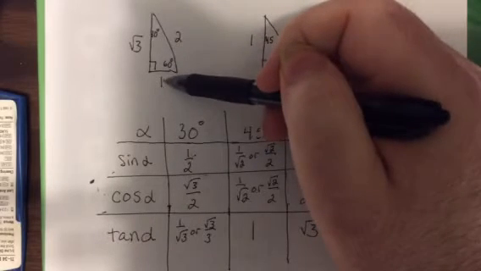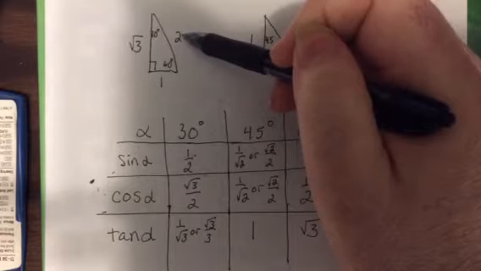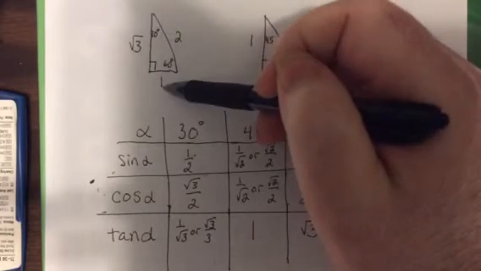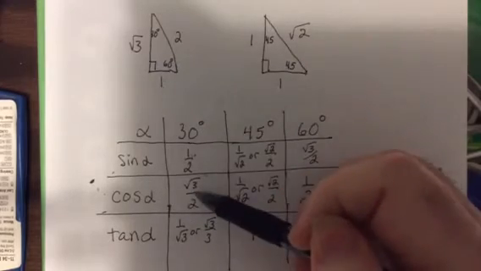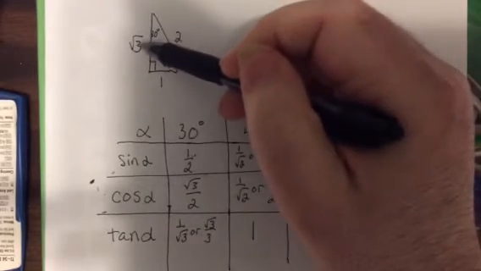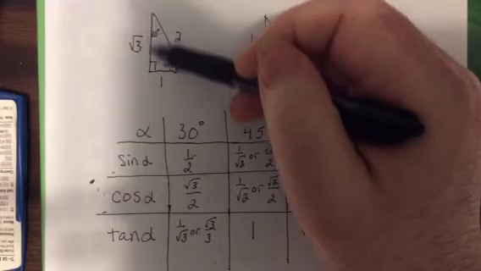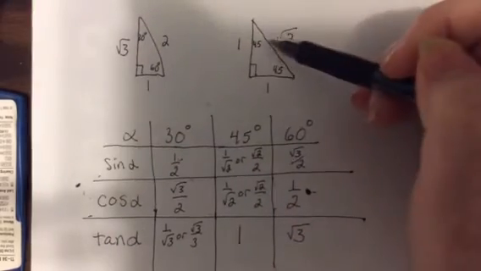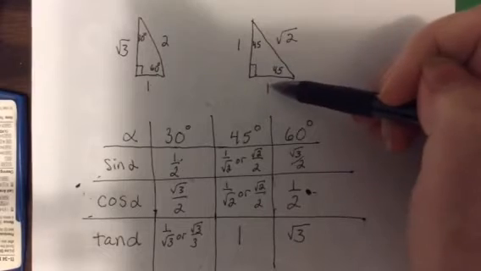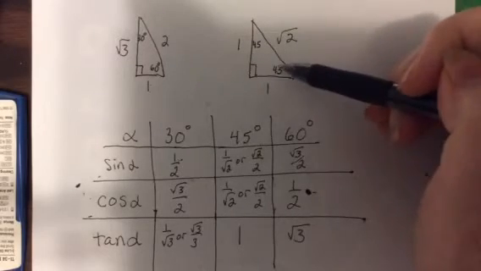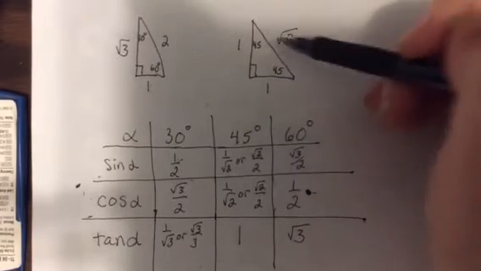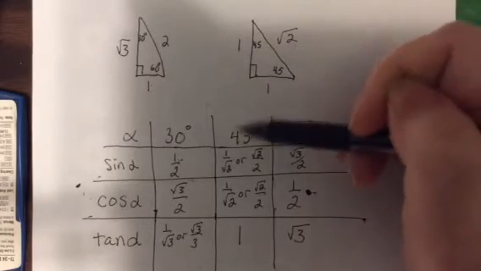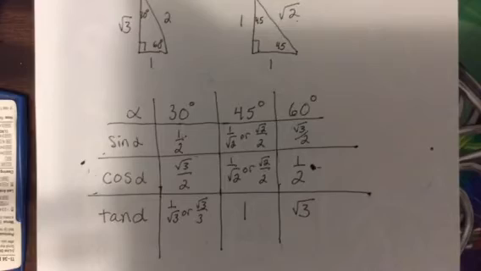If this was 3, then the hypotenuse would have to be 6 because it's always twice the side opposite the 30. Cosine is adjacent over hypotenuse. These are the ratios of the sides always for this triangle. For 45, 45, 90, it's always 1, 1, square root of 2. So sine of 45, opposite over hypotenuse, is 1 over the square root of 2.